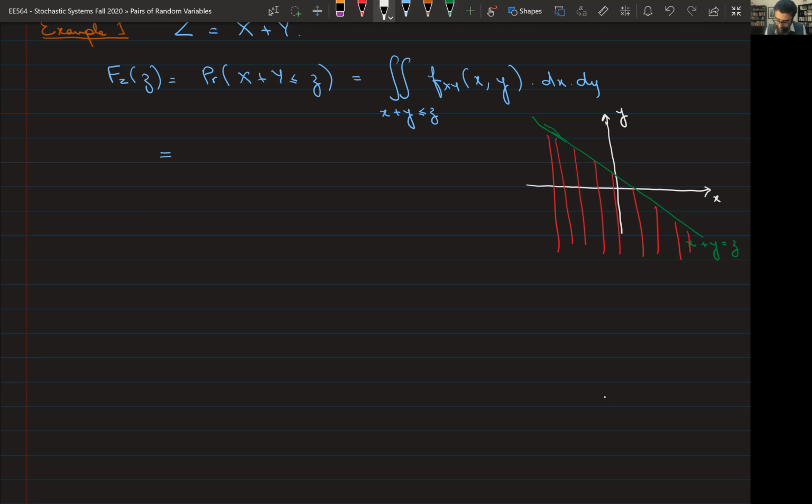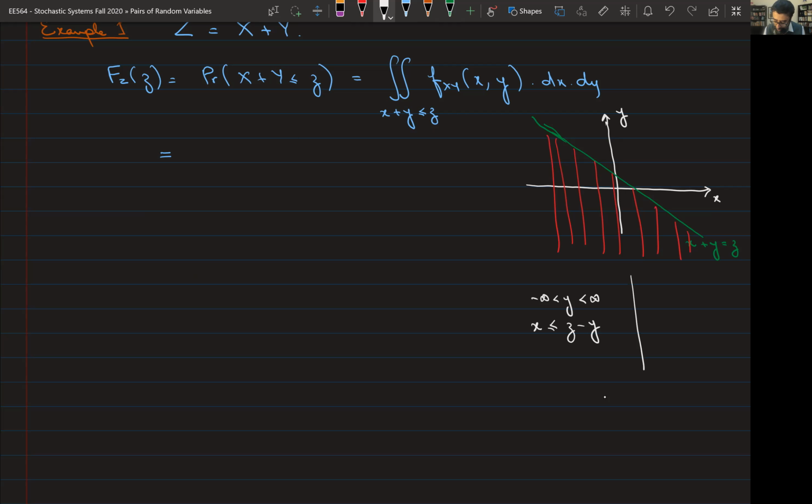You could either do it by minus infinity less than y less than infinity. So you vary y from minus infinity to plus infinity, and for each value of y that you choose, x should always be less than or equal to z minus y. Right? X plus y is less than or equal to z. That means x must be less than or equal to z minus y.